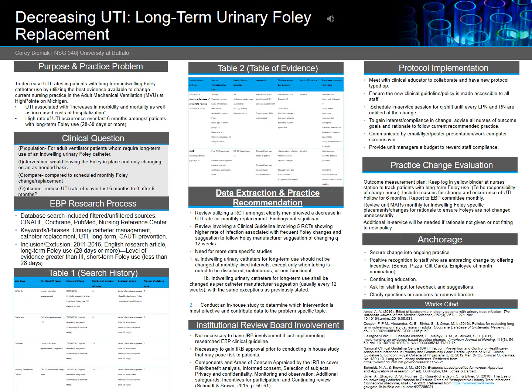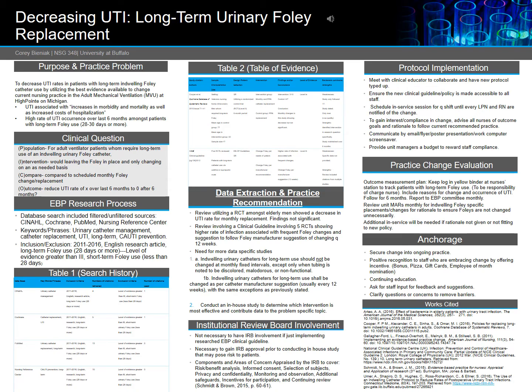My project poster is related to decreasing UTI regarding long-term urinary Foley replacement. The practice problem that I found on my unit at my facility was a high rate of UTI occurrence over the last 6 months among patients with long-term Foley use, which is about 28 to 30 days or more.